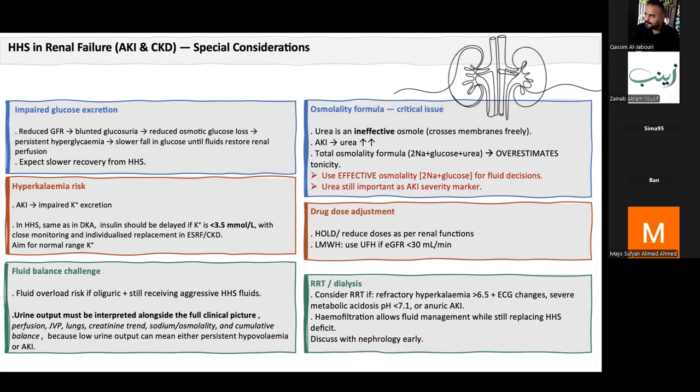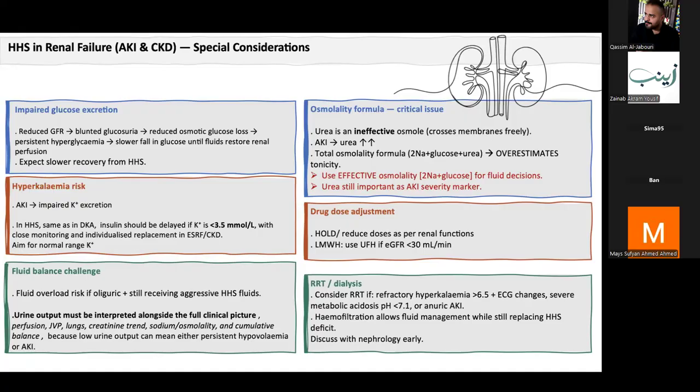And if you do the calculation, urea doesn't really contribute that much to the osmolality. It's mainly the sodium that's the main contributor, because you have 2 sodium molecules, and the glucose.